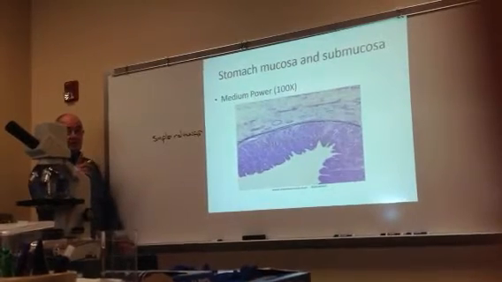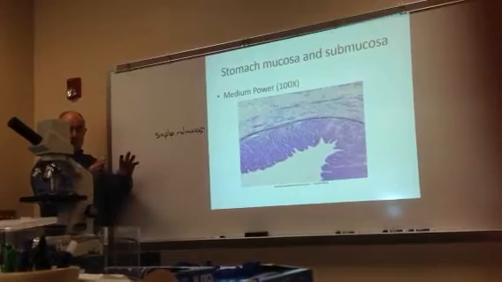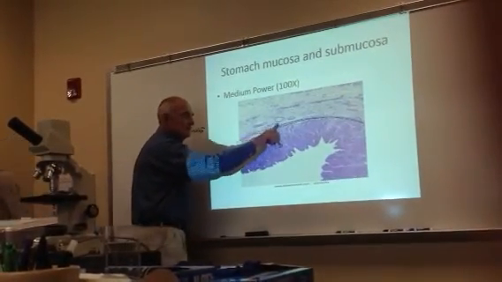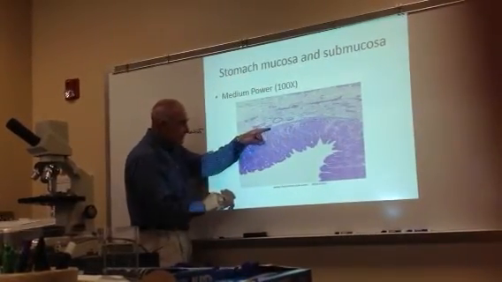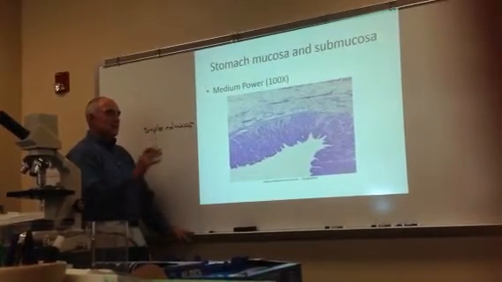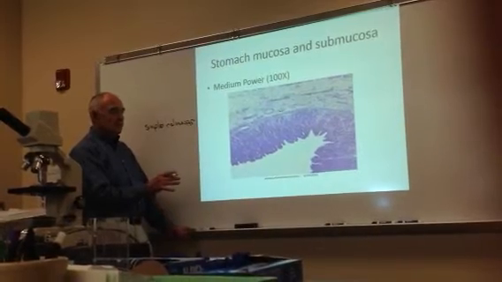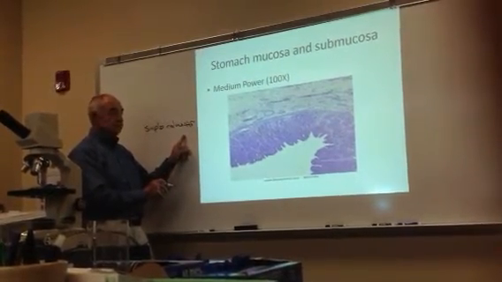Now remember, it's also got that stuff called lamina propria in it, which is kind of an areolar connective tissue filler. And then it has a thin line of smooth muscle. See this little thin line that runs right across there? That's that muscularis mucosae. But when I ask you what type of epithelium makes up the mucosa, I want you to say simple columnar.